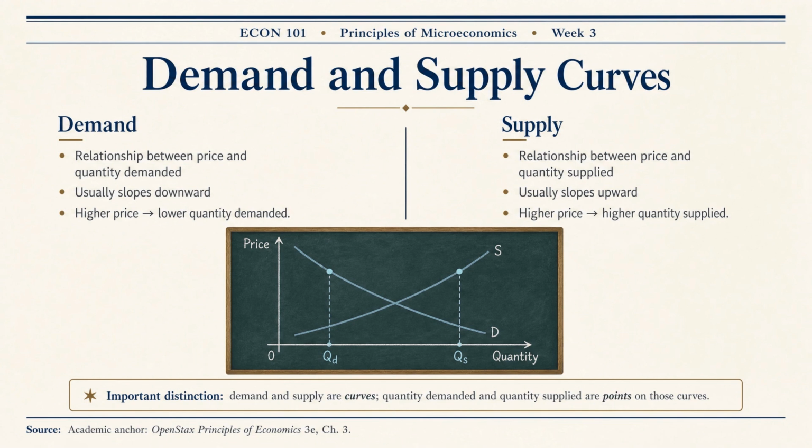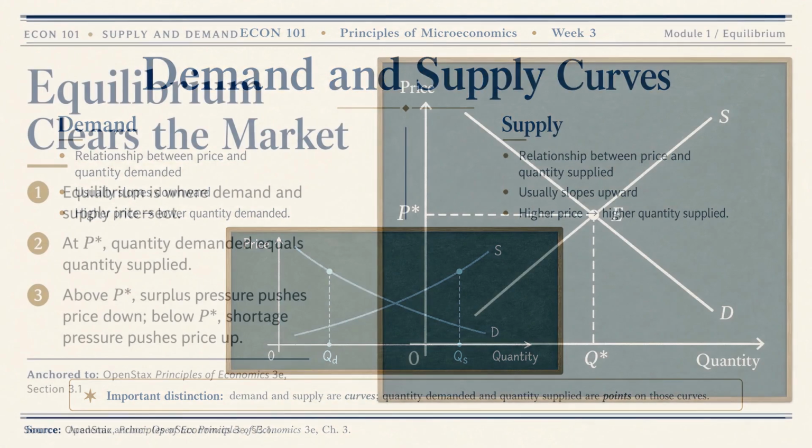On the other hand, the supply curve shows the relationship between price and the quantity that producers are willing to sell. This curve typically slopes upward, because a higher price gives producers an incentive to supply a higher quantity. It is important to remember that demand and supply refer to the entire curves, while quantity demanded or supplied refers to a specific point on those curves.